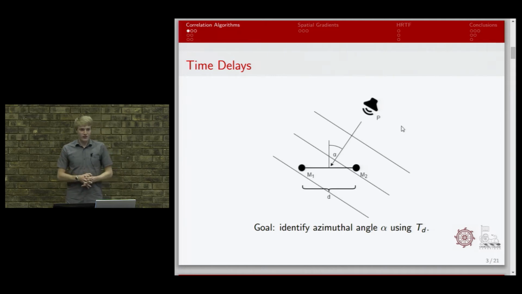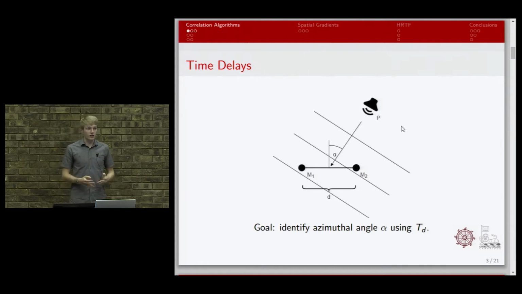So the first set of methods we're going to be looking at are correlation algorithms. For these, we'll be using the setup shown here. We'll have two microphones, one at position M1 and one at M2, and there'll be a single source of sound at an unknown position P relative to the microphones, such that the sound approaches them at an angle alpha.